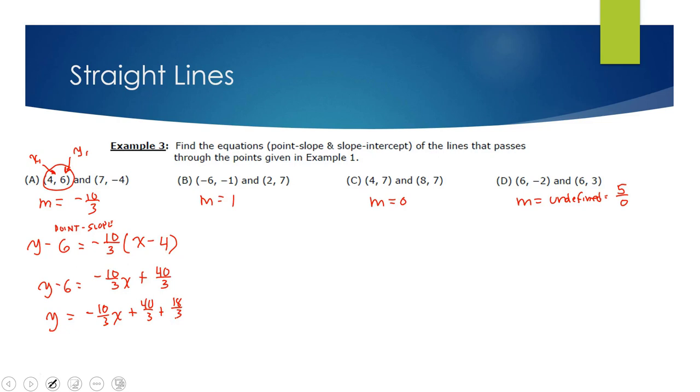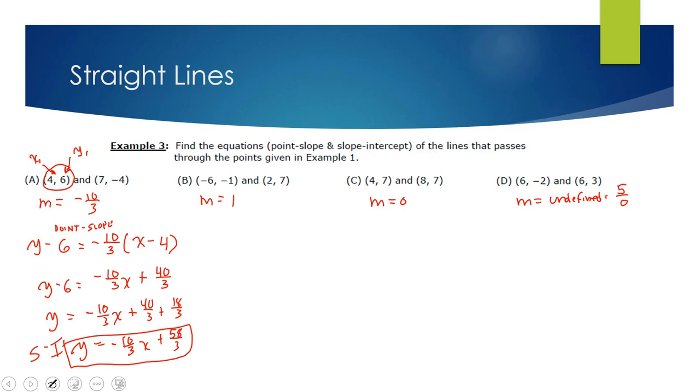I'm adding 6 to both sides. And so y equals negative 10/3 x plus 58/3 is the equation of the line in slope-intercept form. So that's not a big deal to convert one to the other.